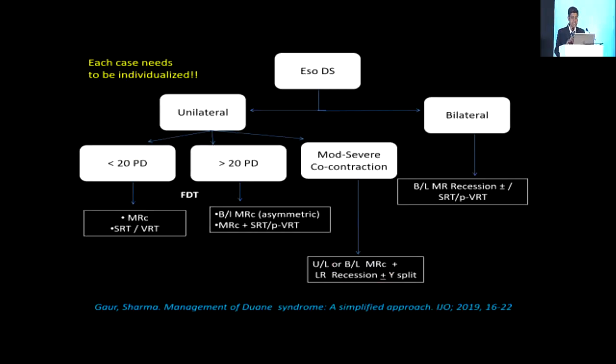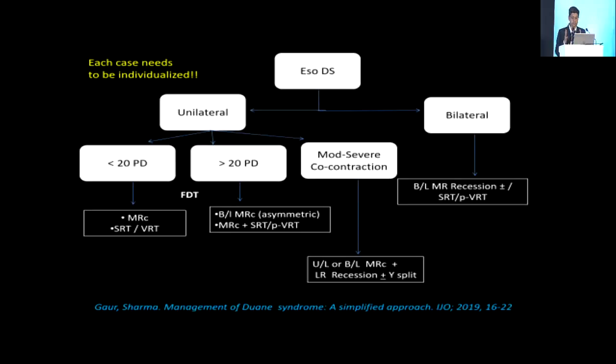Options are increasing with time as new surgical techniques are being discussed. If you have a small esotropia to start with, you can do a small medial rectus recession, or you can do a vertical rectus transposition, an SRT, IRT, or a split vertical recti transposition.